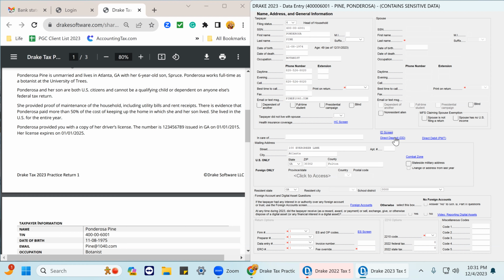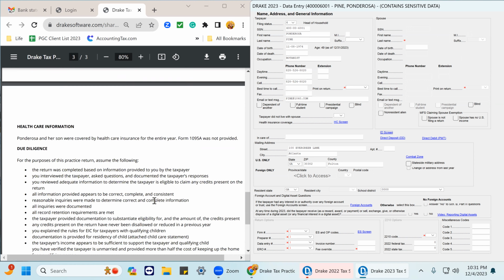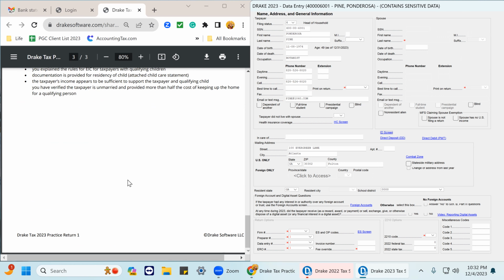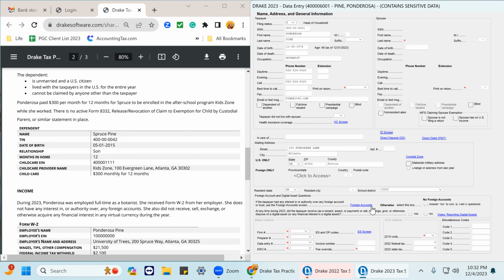Now, if there's a direct deposit or direct withdrawal, they need to do this. So we don't need to do this because we don't know if it's going to be a refund or withdrawal yet. Okay. Now, foreign account. In this scenario, do they say any foreign account? There is no foreign account in this scenario because they start with something simple, which means we are filing a U.S. tax return.